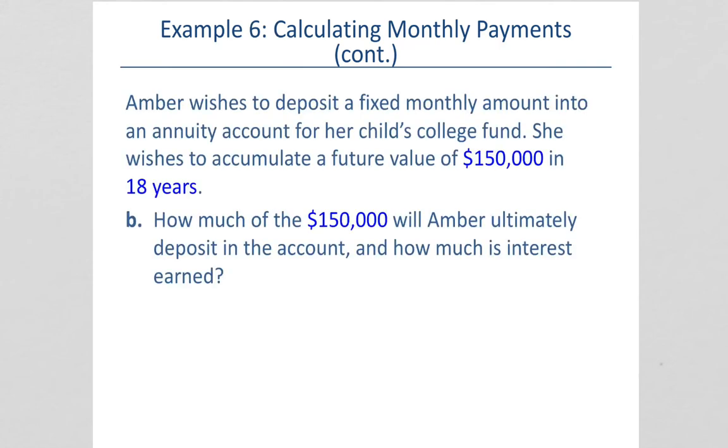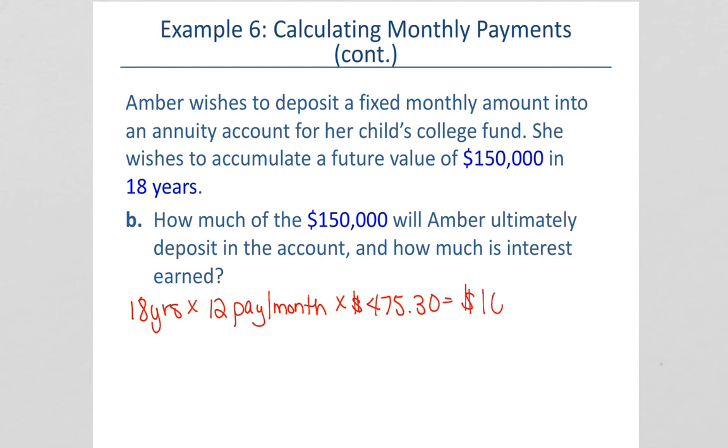Part B asks, how much of that $150,000 will Amber ultimately deposit into the account herself, and how much interest is earned? So she's going to deposit for 18 years, 12 payments a year, of $475.30.